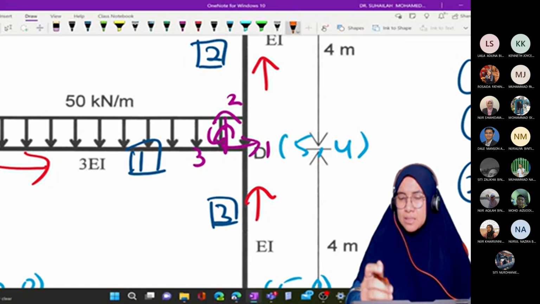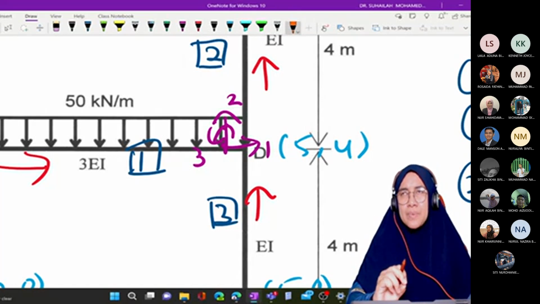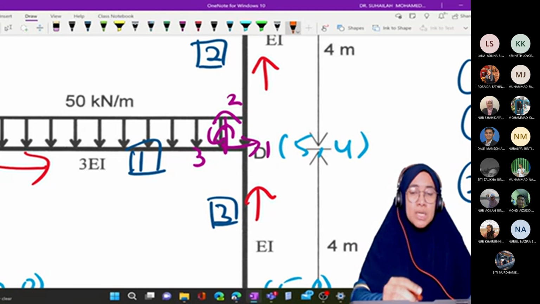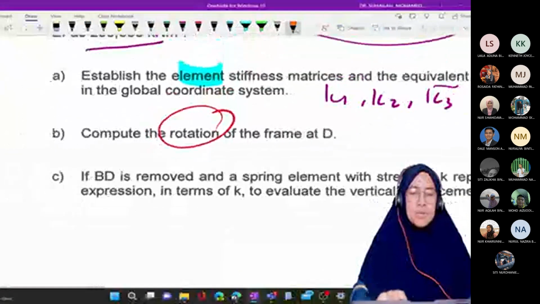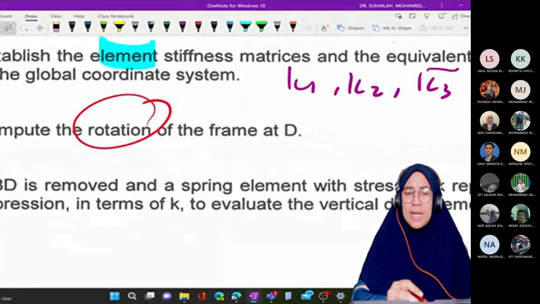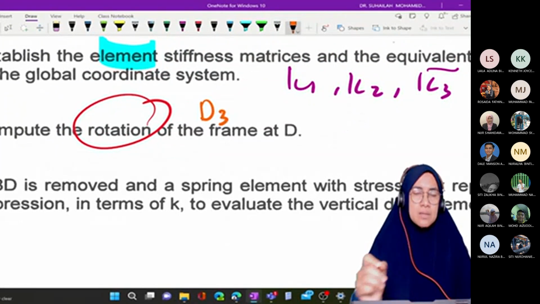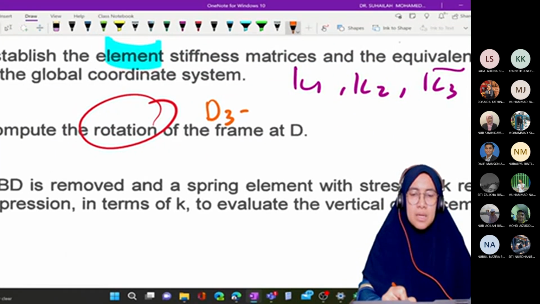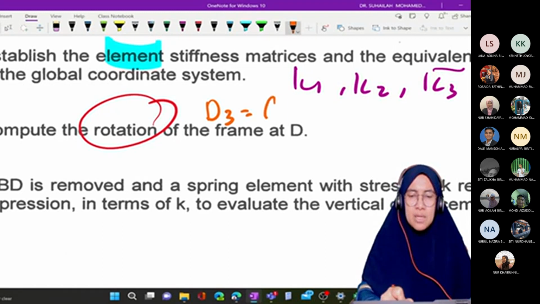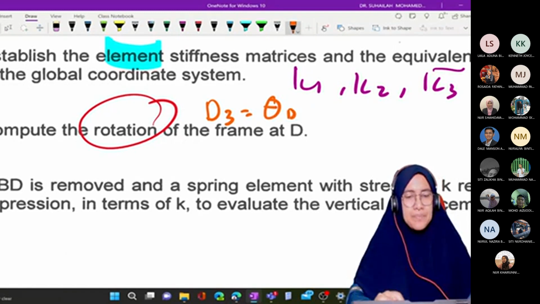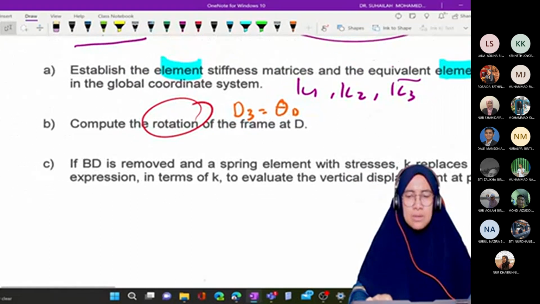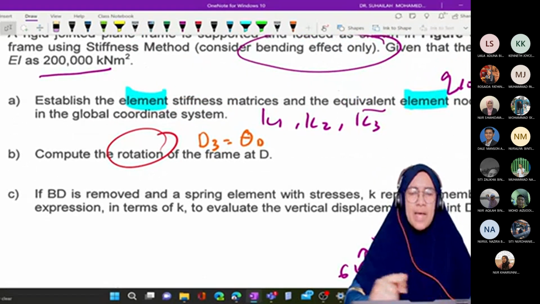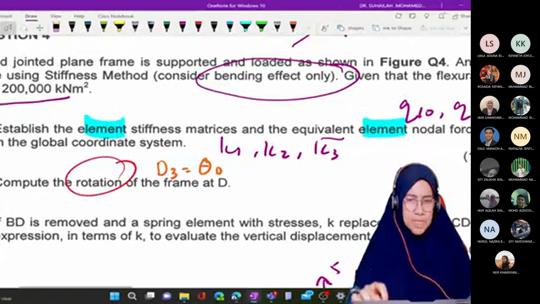Rotation represents the displacement in the Z component, so what we need to calculate is actually D3, the rotation at D.